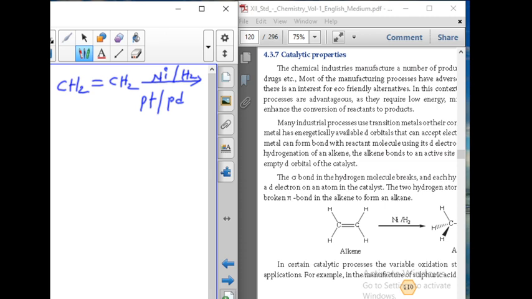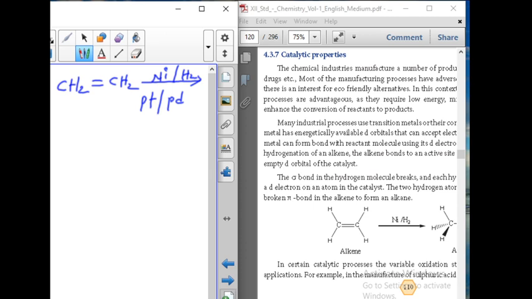The nickel acts as a catalyst because the sigma bond of the hydrogen molecule is broken and each hydrogen atom is attached to each carbon atom, forming a bond with our catalyst.